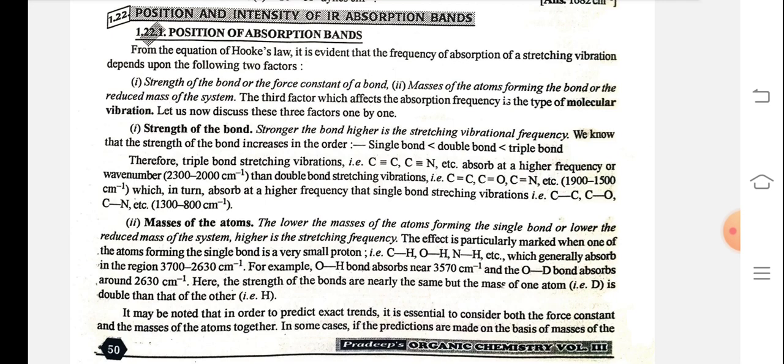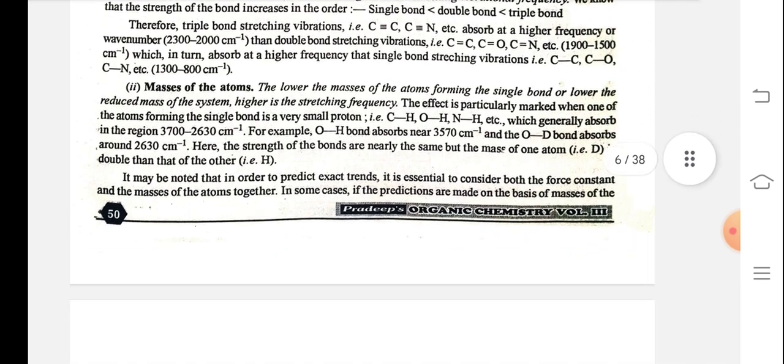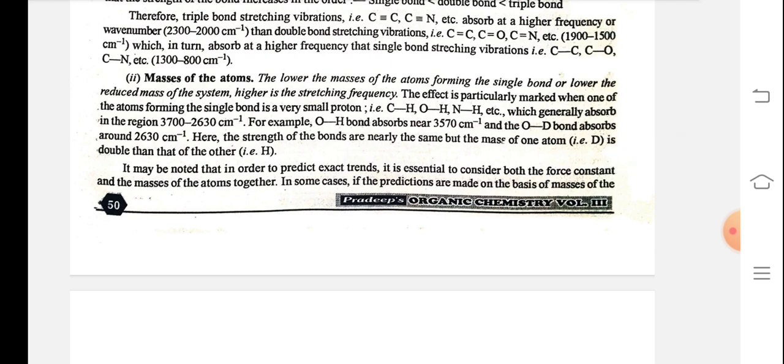Second one is masses of the atoms. The lower the masses of the atoms forming the single bonds, or the lower the reduced mass of the system, higher is the stretching frequency. The effect is particularly marked when one of the atoms forming the single bond is a very small proton, that is carbon hydrogen single bond, oxygen hydrogen single bond, nitrogen hydrogen single bond, which generally absorb in the region 3700 to 2630 cm inverse.